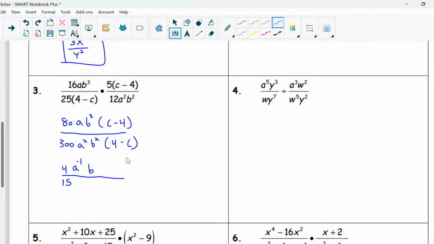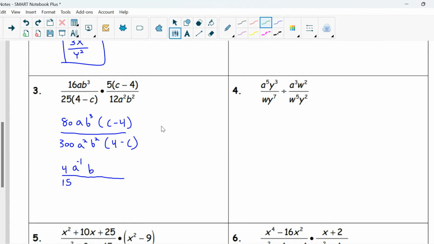So one thing that I'm considering is, what if I was to multiply my bottom factor here by negative 1? So let's do a little side note here.